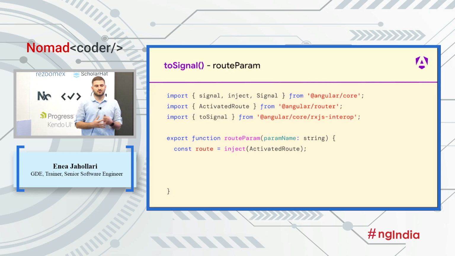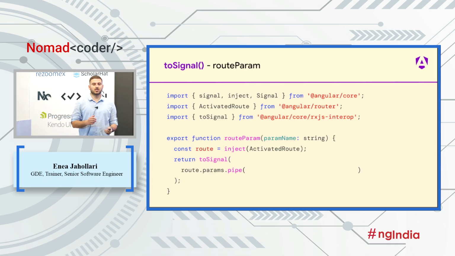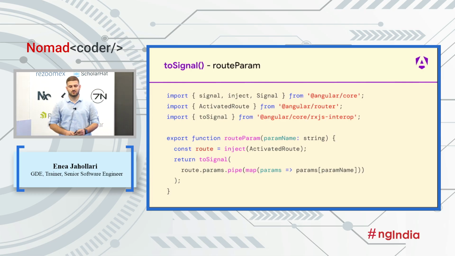Remember that function that we had before. Let's say we have const route or activatedRoute where we inject now ActivatedRoute because we can do that. And of course, at the same time say, I want to return a signal. And that signal can come from route params. Of course, I want it to be based on some key and then say, I just want to put a map there and say, get that key.